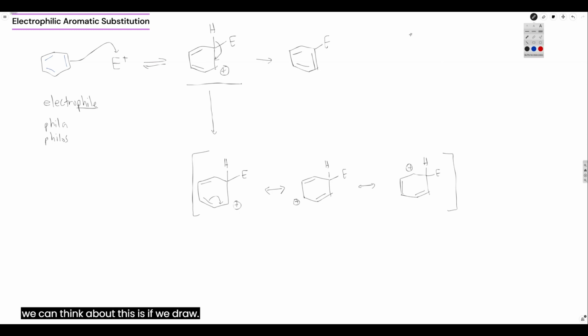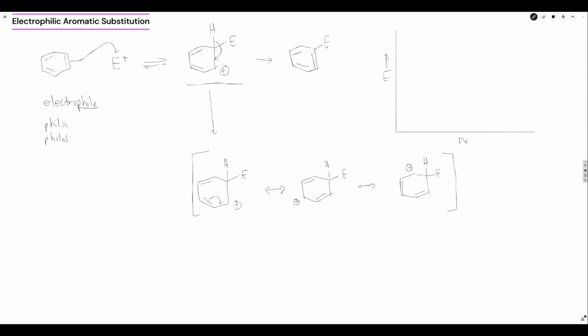And the way we can think about this is if we draw a reaction coordinate diagram like so, where we have energy like this and the reaction like this. I'll label this starting material as A, our sigma complex intermediate is B, and our product is C. What you basically see is you have a reaction that goes through a high energy intermediate and then comes down to the product.